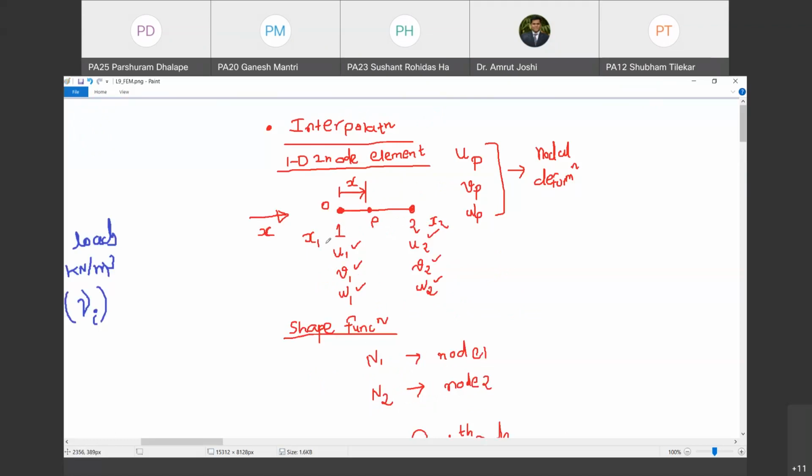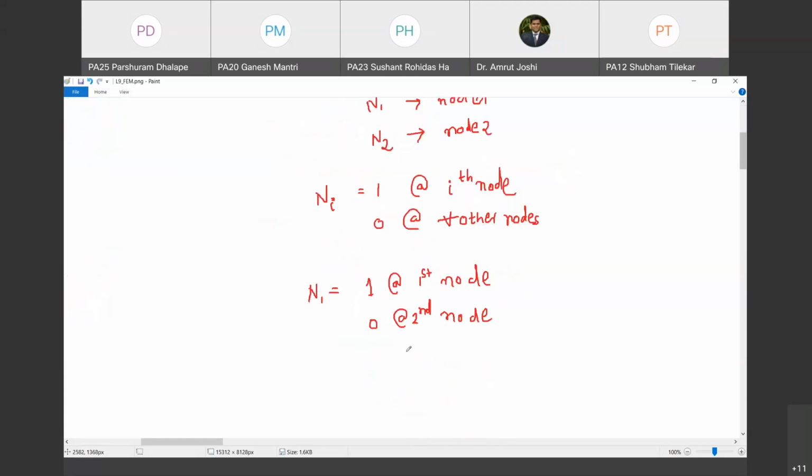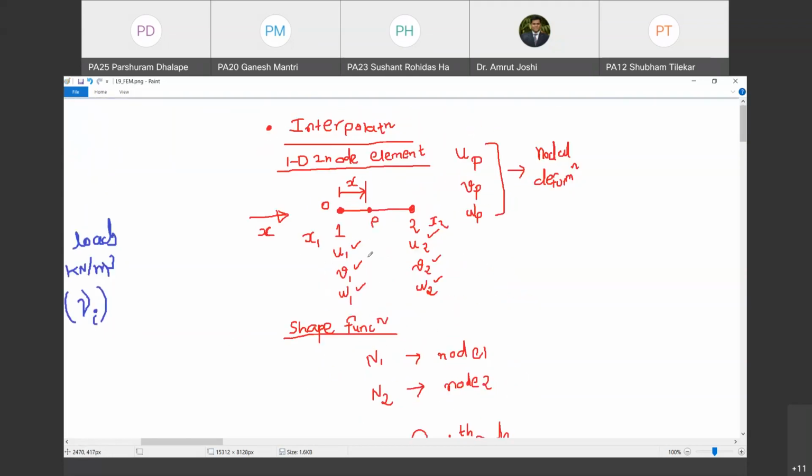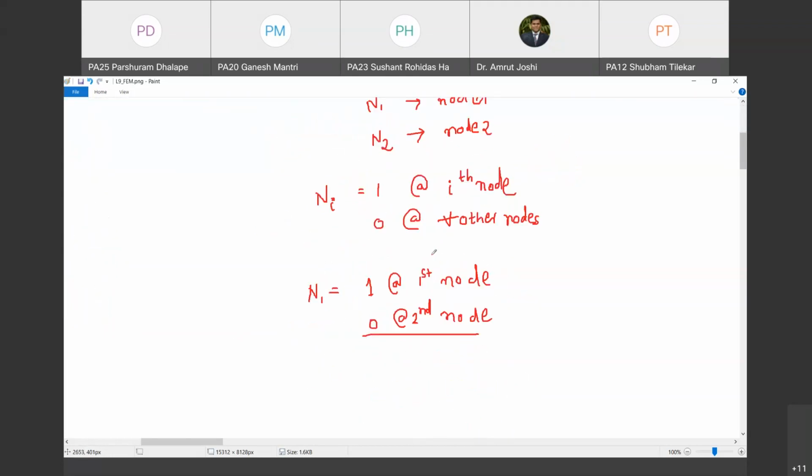Are you with me? Type your response in chat box. Yes. Now, what is the demand that I have? Let us address the second demand first. So I want this shape function to be 0 at the second node. What is the x coordinate of second node? X2. So if I want this function to be 0 at second node, can I write it as x minus x2?